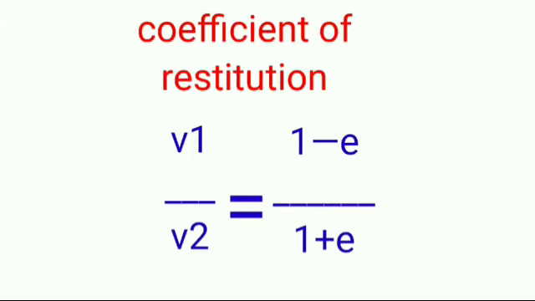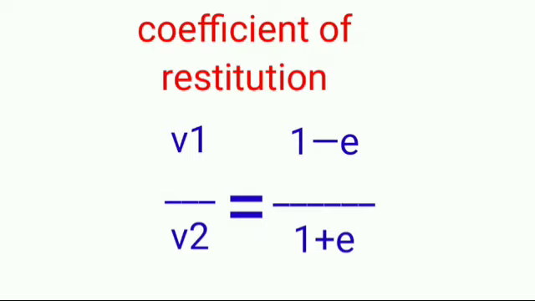Next topic, coefficient of restitution. It is defined as the ratio of the velocity of separation, the relative velocity after collision, to the velocity of approach before collision. The coefficient of restitution is equal to velocity of separation by velocity of approach.